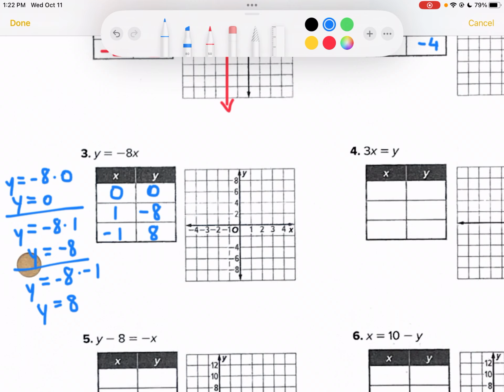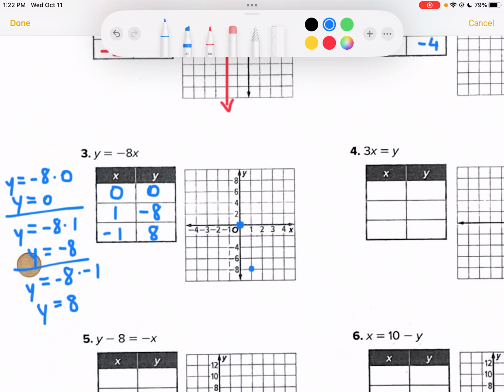If we're doing a video like this, if I'm ever moving too fast for you, pause the video, back it up, watch it again, okay? You got to kind of do that speed thing yourself. You can't just say, oh, we'll work too fast. 0, 0. Plot that. 1 comma negative 8. I go over 1, I go down to negative 8. Negative 1, 8.